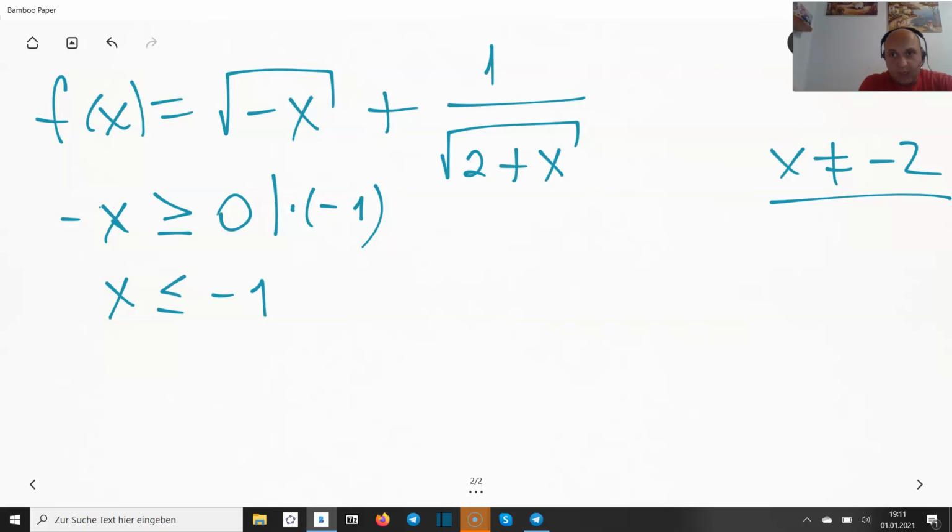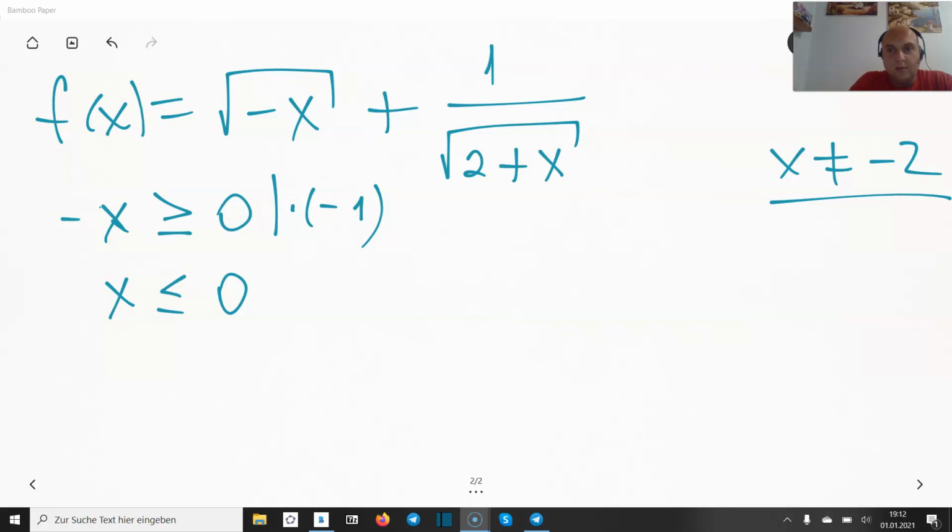Oh, my bad, sorry. Less or equal than 0, yeah. That would be nice, to multiply 0 by minus 1 to get a 1. No, x is just negative or 0.